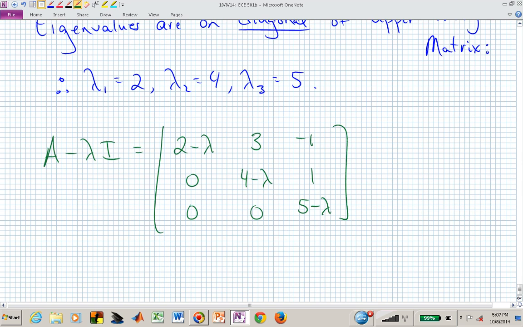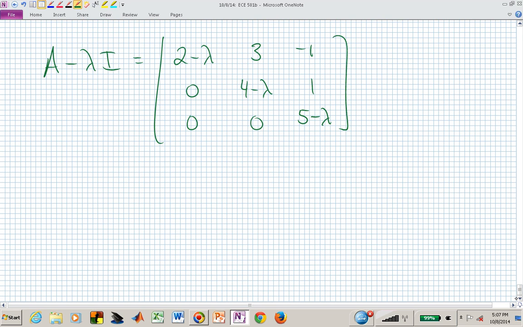If we look at now the case for lambda equal 2, we want to now try to find the vector that's in the null space of A minus lambda I with lambda equal to 2. That's what we're looking for.